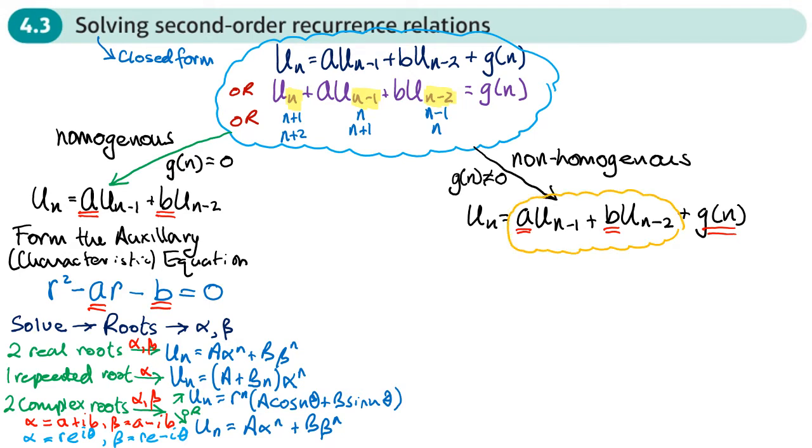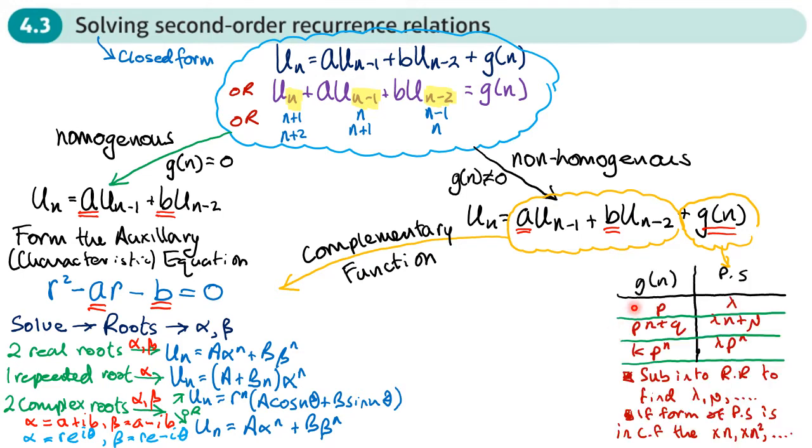We find the general solution to that by using this method over here, and that will give us what we call the complementary function. Then we're going to look at g of n and the form of g of n, and use that to help us find the complementary function. Sorry, not the complementary function, the particular solution.